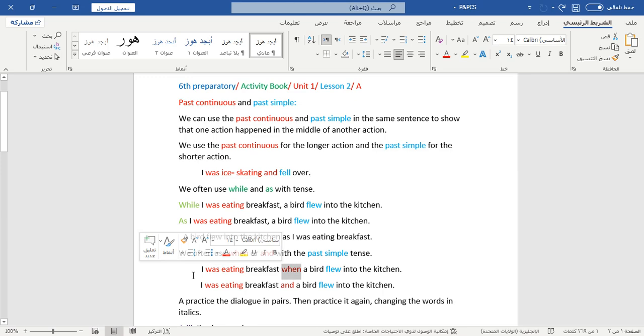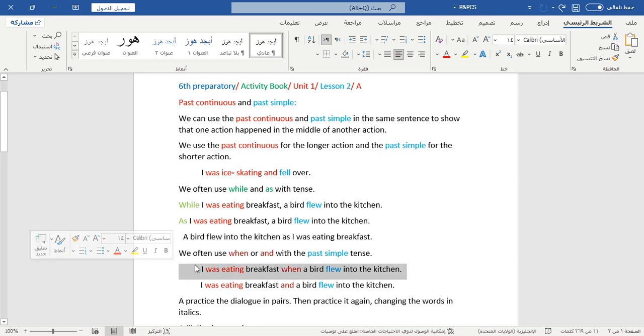So, I was eating breakfast when a bird flew into the kitchen. It's so beautiful. I love birds. Do you love birds like me? Oh, so beautiful. Okay, let's come back to our sentence. I was eating breakfast when a bird flew into the kitchen.